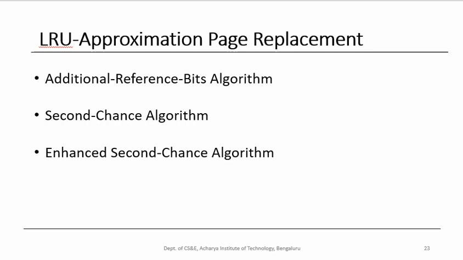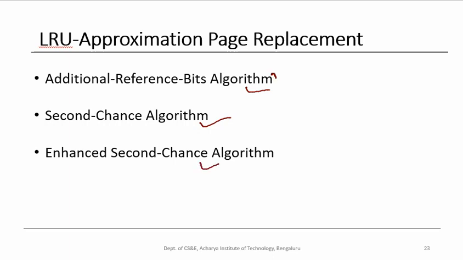Now let us look at some more variants of the least recently used page replacement algorithm, called LRU approximation page replacement algorithms. The first one is the additional reference bits algorithm. Then we have the second chance algorithm. A slightly modified version of this algorithm is called the enhanced second chance algorithm.